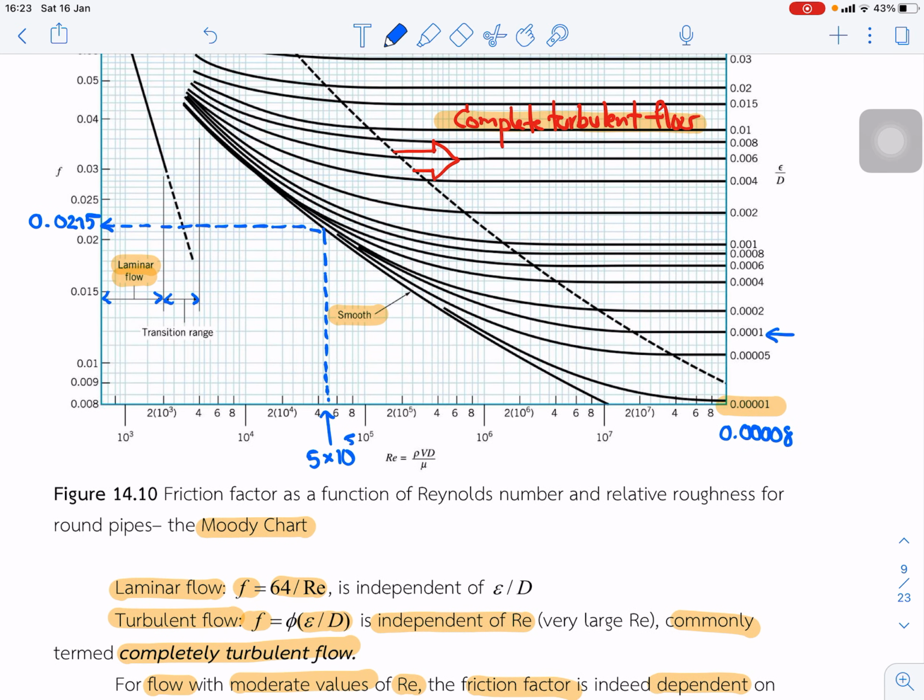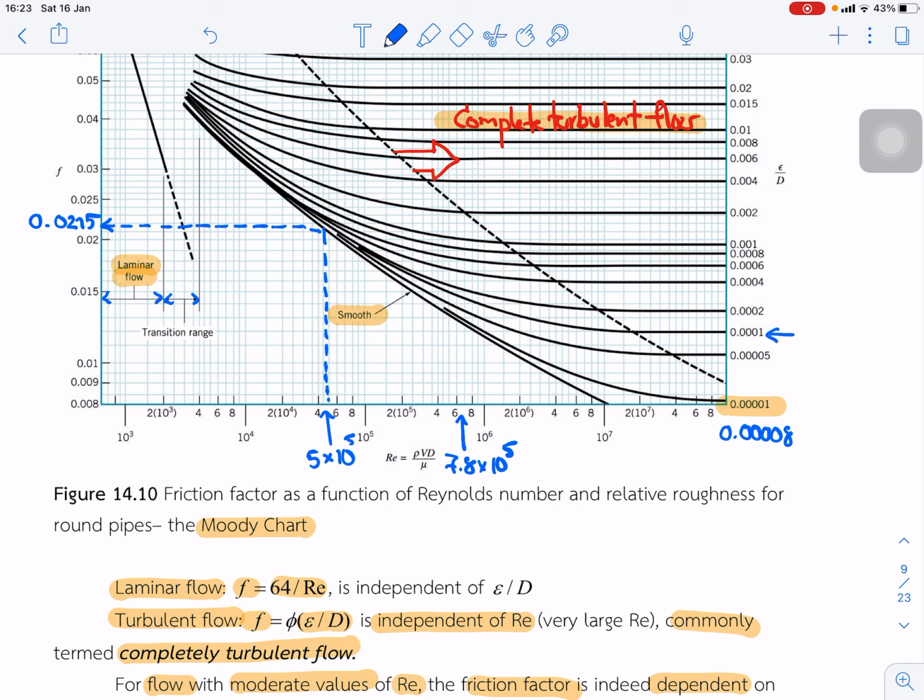So the Reynolds number is about 8 times 10 to the power 5, which is somewhere here, about 10 to the power 5.